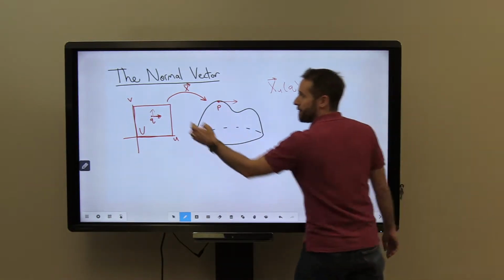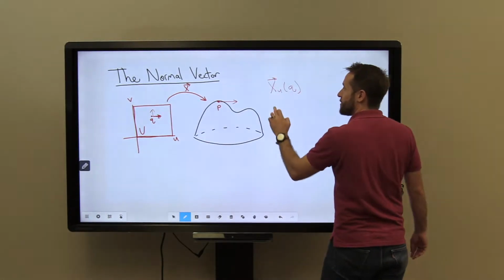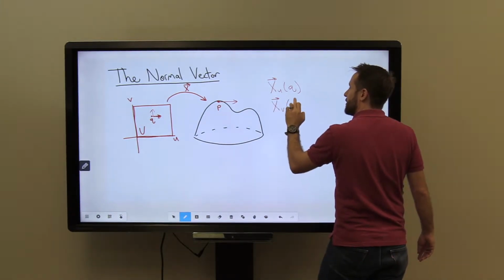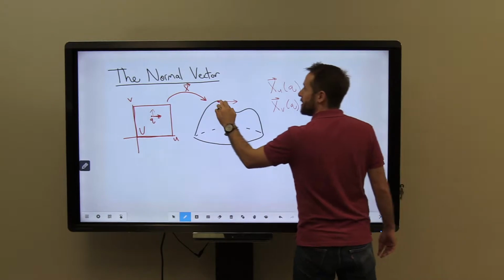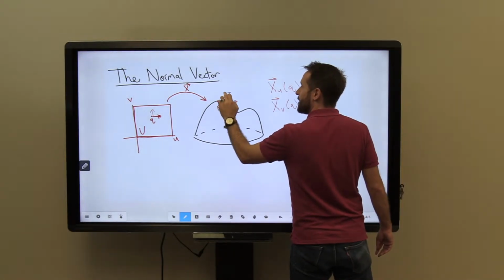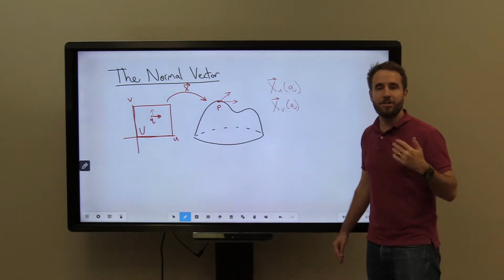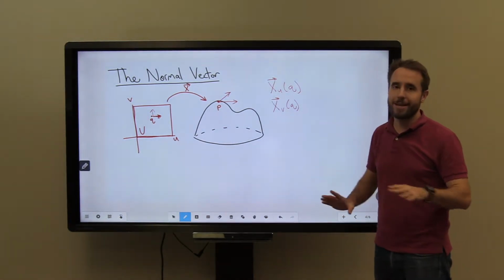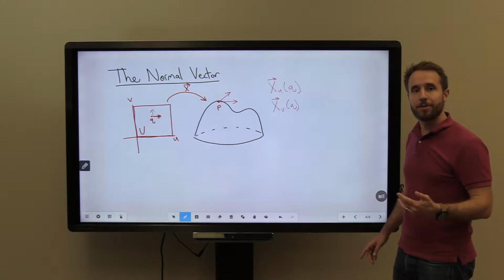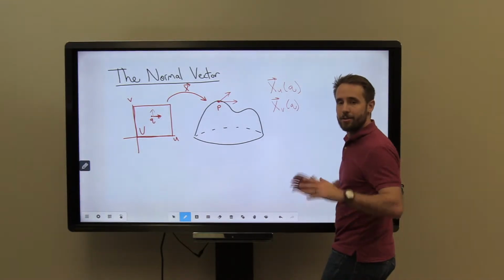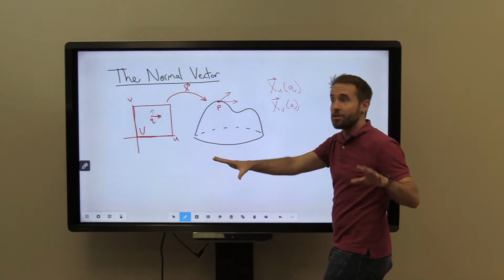If we do the same thing for V, taking a derivative in that direction, we get X sub V at the point Q, and that becomes this vector up there. And both of these vectors lie tangent to the surface, right? So if I take the span of these two vectors, any linear combination of them, they define the directions of my tangent plane.